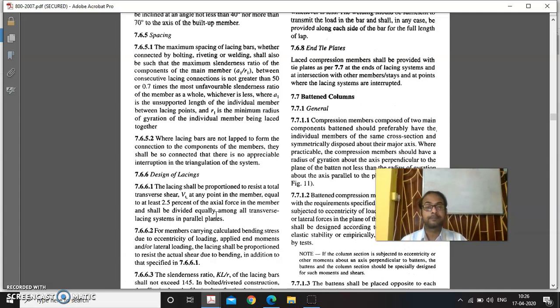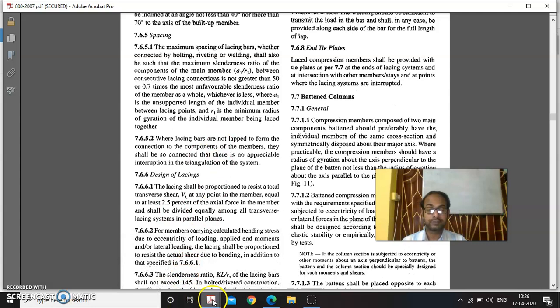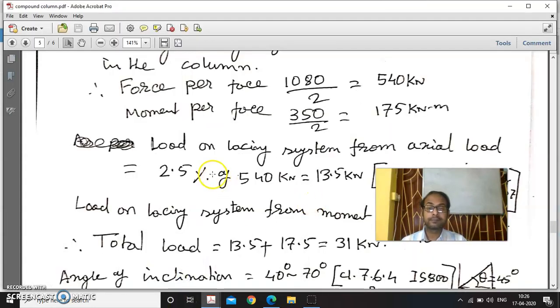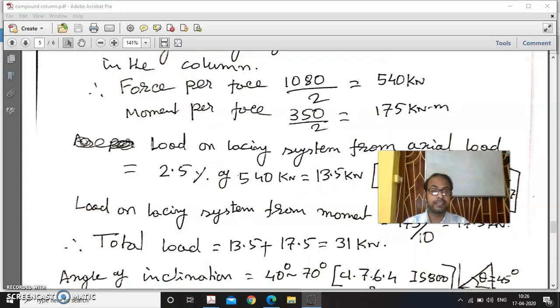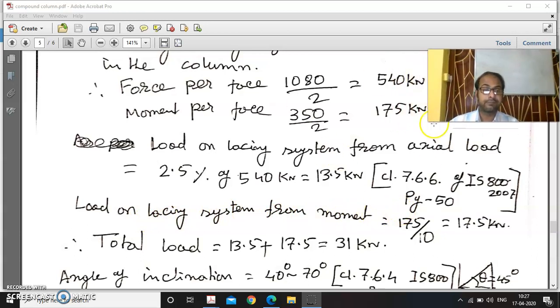Now we'll take that 2.5% of the load and also the additional moments. This is the problem where we have divided it and mentioned the clause here also. 2.5% of 540 kilonewton is 13.5 kilonewton, and load on the lacing system from moment will be 175 per phase divided by 10. Why?